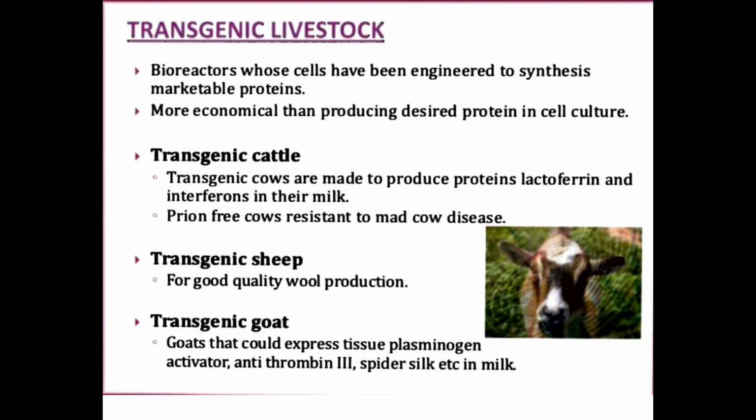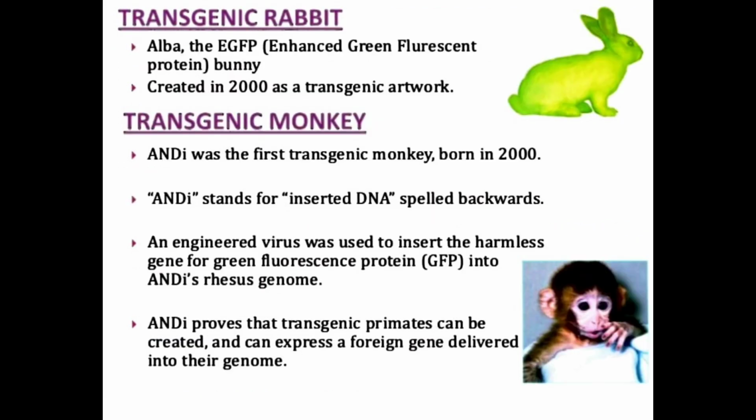Next, transgenic goat. Goats that could express tissue plasminogen activator, antithrombin 3, spider silk, etc. in milk. Transgenic rabbit. Alba, the EGFP, enhanced green fluorescent protein bunny, created in 2000 as a transgenic artwork. Transgenic monkey.